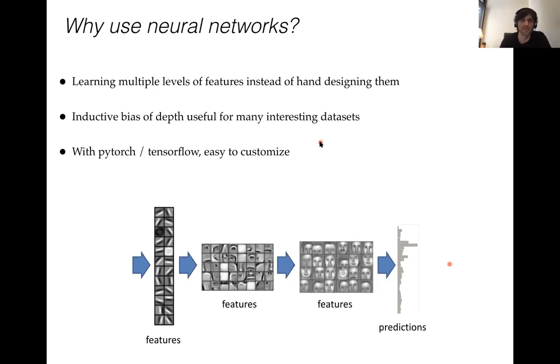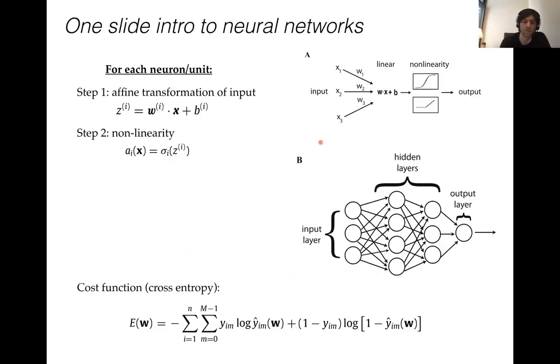Okay, that's why you might want to use a neural network at a very high level, but what are neural networks? So a lot of this will be redundant with what Tankut told you, and you've probably seen this before as well. But in the simplest form, a neural network is a feed-forward graph of nodes that perform a simple operation.